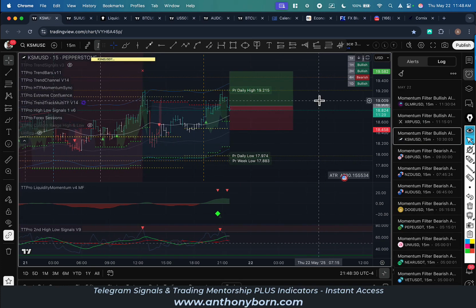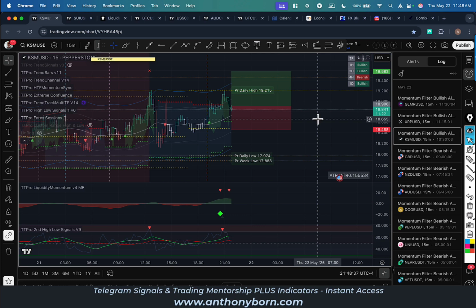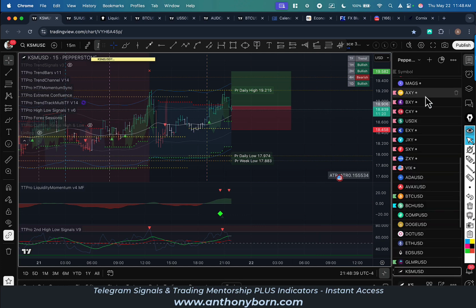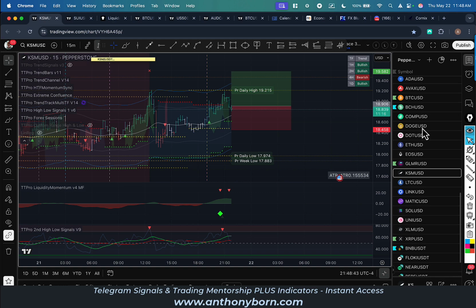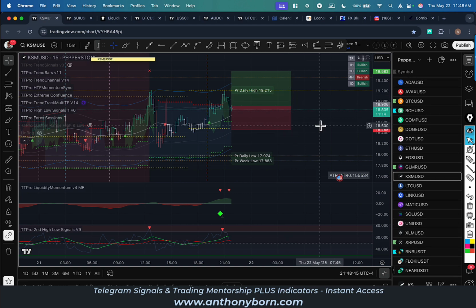So yeah, I mean the idea is, I'll show you some examples. In fact, what we can do is go through some of these and have a look and see what the last signals were like. I mean, the two we had yesterday were really nice. And just quickly, I'll show you what we've got running here. So we've got the trend bars giving us divergence.